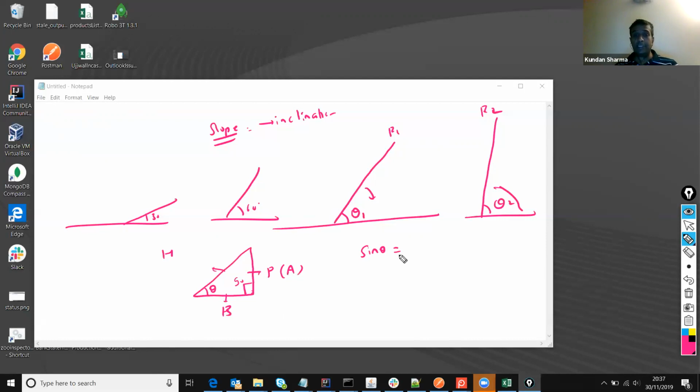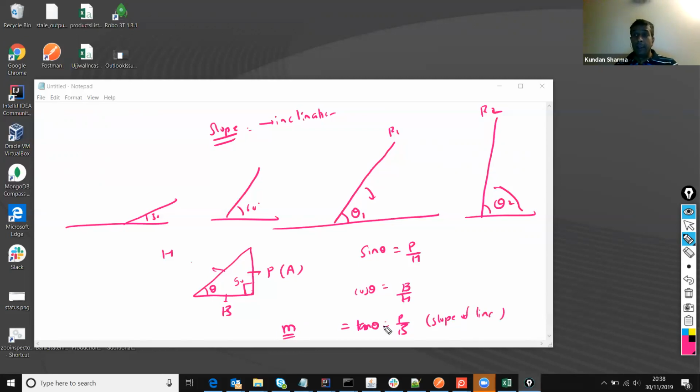Sine theta is perpendicular by hypotenuse. Cos theta is base upon hypotenuse. And tan theta is basically perpendicular by base. So this tan theta is also called slope of the line. We denote it by a letter m, and we also call it slope of the line.